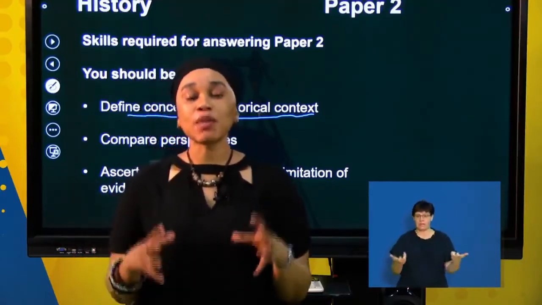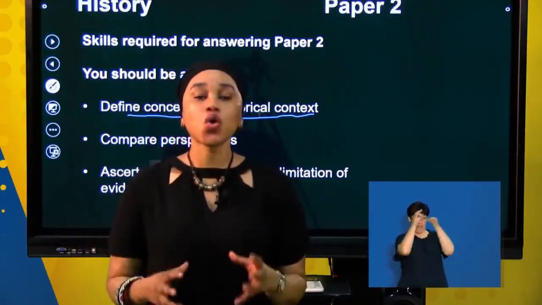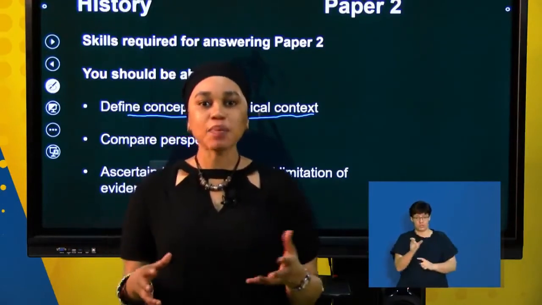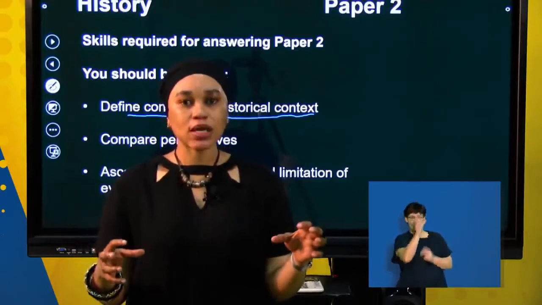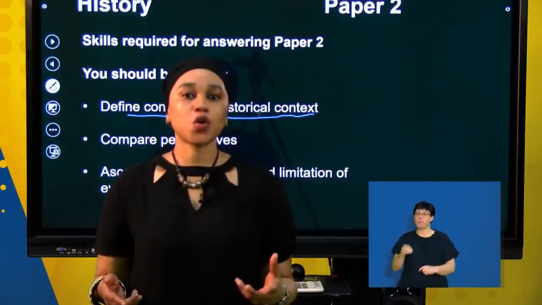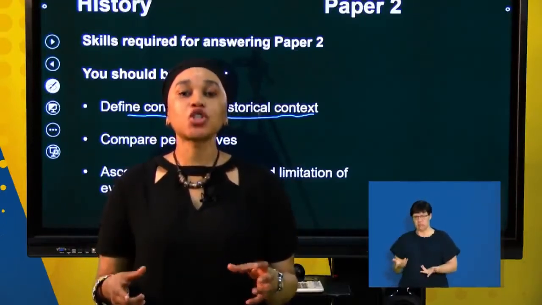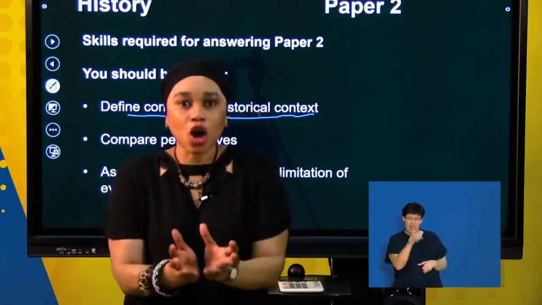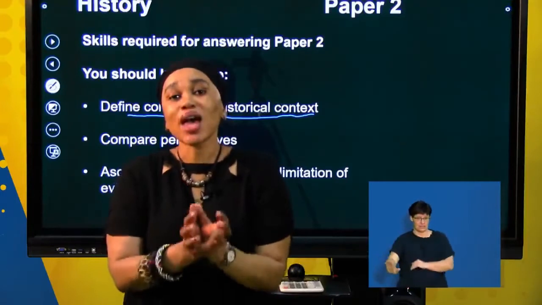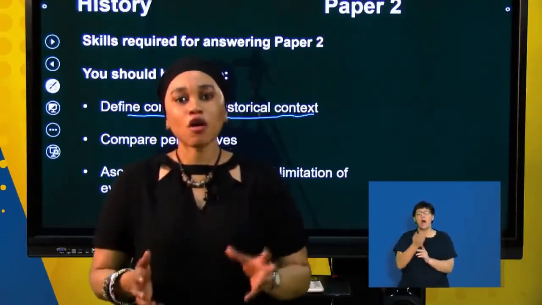And you should be able to define those in your own words. So what will happen in an exam situation is that the word will just be found in the source, but they will not give you the meaning of the word. So you have to be able to define it using your own words, but in historical context. That means you have to have prior knowledge of that event.